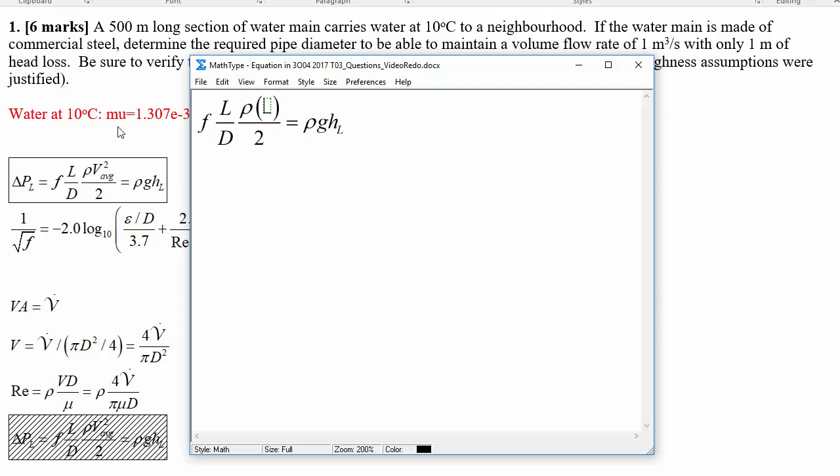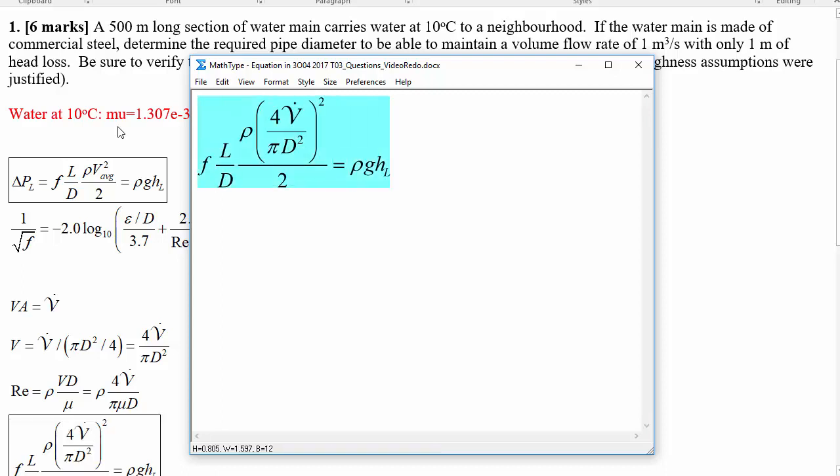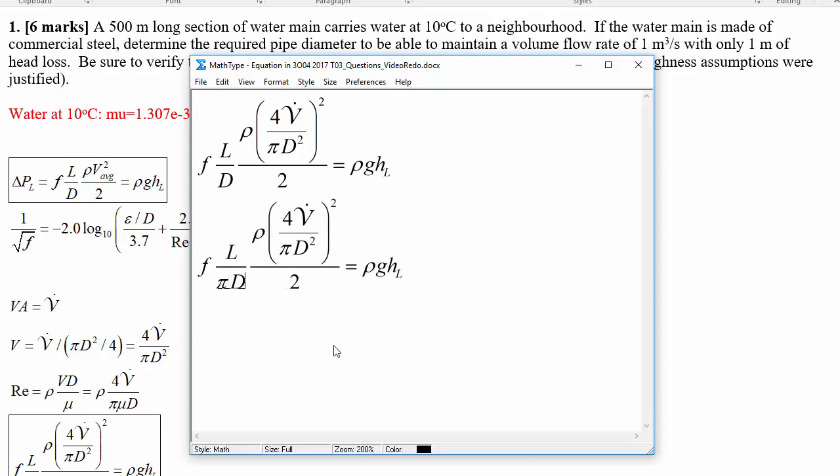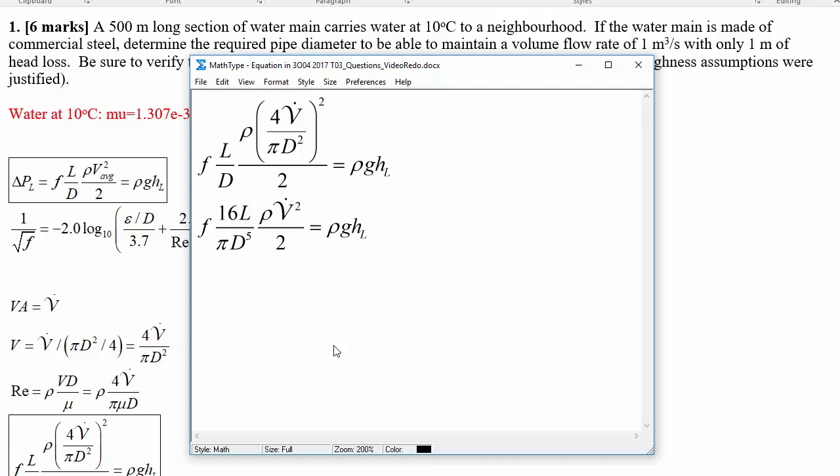We're going to have this thing squared. So 4 volumetric flow rate over pi d squared, now all squared. So that means, what are we going to have? Pi squared d to the 5 over 16 times volumetric flow rate squared.